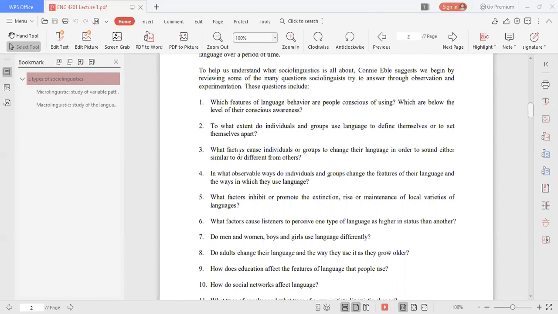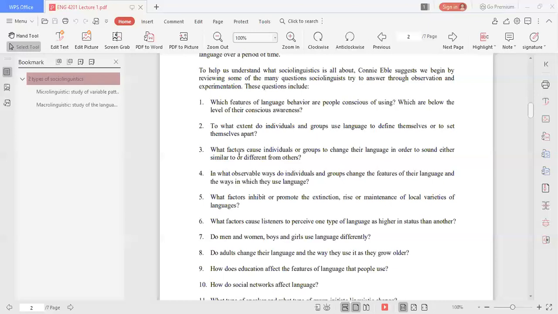Number 5: what factors inhibit or promote the extinction, rise, or maintenance of local varieties of languages? So there are factors that will inhibit. Inhibit means that will cause a kind of hurdle, that will stop the development, the progress, the advancement of that particular language, or what promote the extinction, rise, or maintenance.